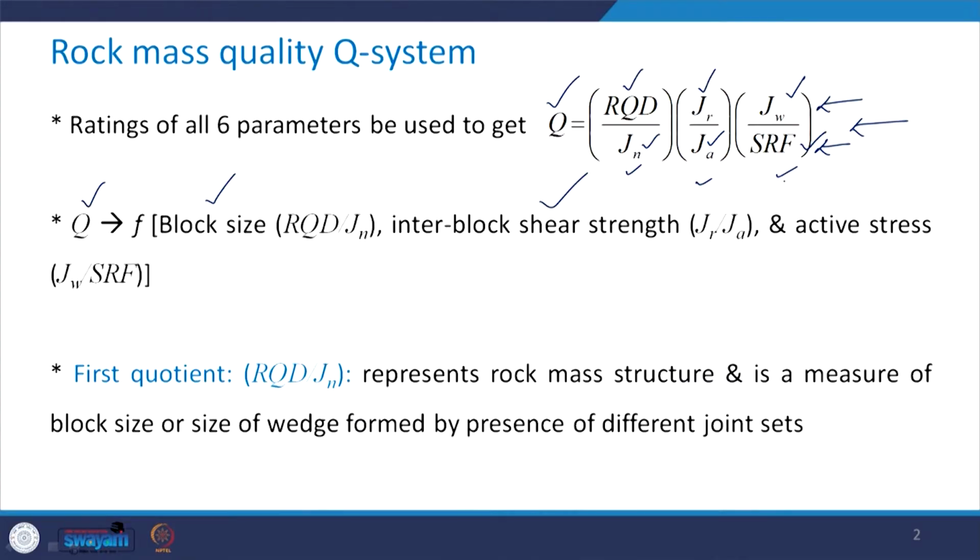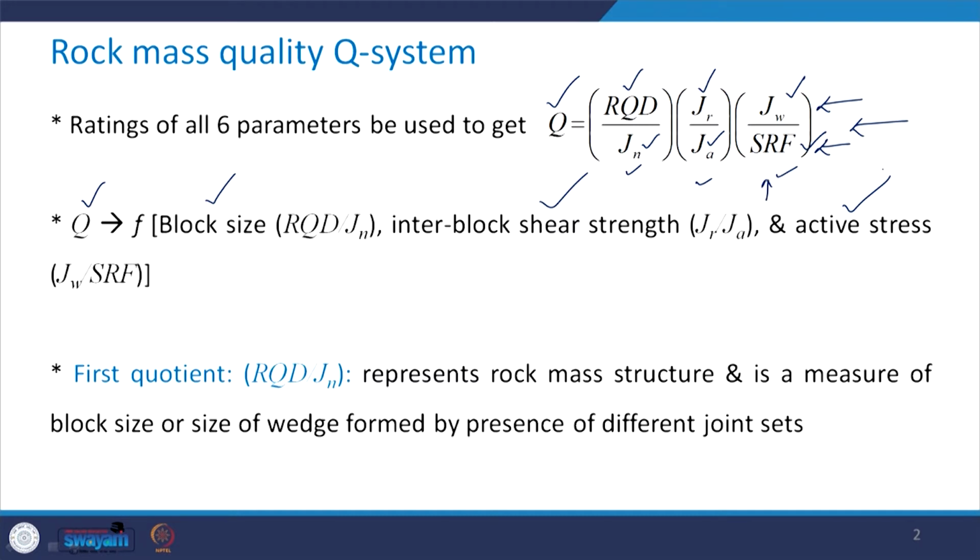So depending upon the condition of the joint, the shear strength will be decided. So that is why the second quotient decides the interblock shear strength, and the third quotient, that is Jw upon SRF, deals with the active stress.